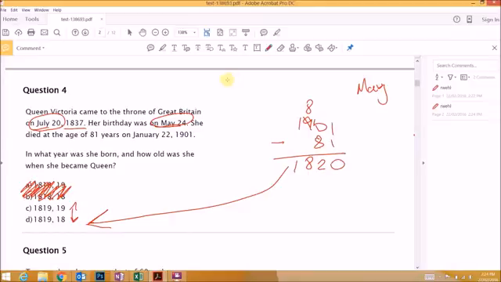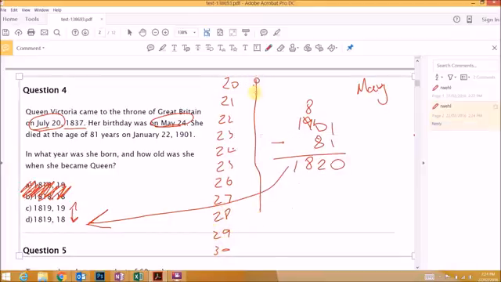So in 20 she was 1, 21, 22, 23, 24, 25, 26, 27, 28, 29, 30. So in this decade, she went from being 1, 2, 3, 4, 5, 6, 7, 8, 9, 10, 11 years old.